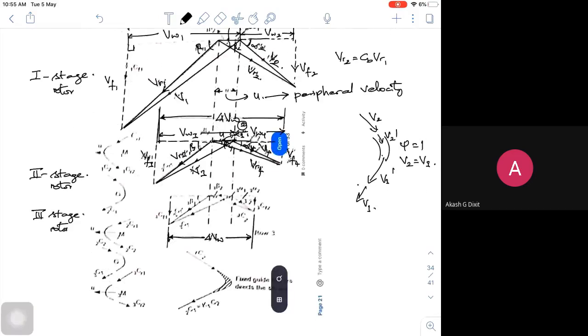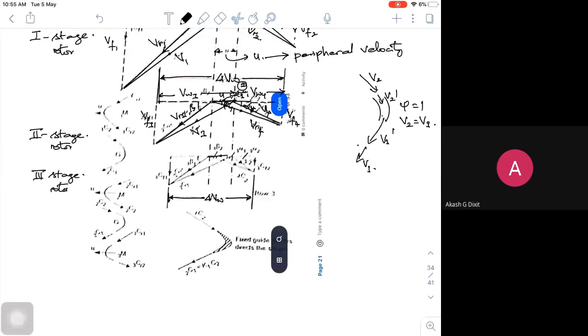So for the third stage, once again I have the same U. Then this will be V5, this will be VR5, this will be U, this will be VF5, and this will be VW5.